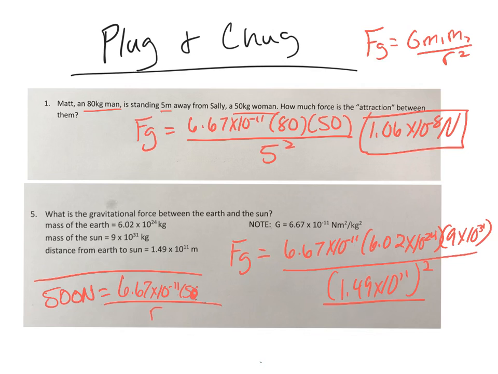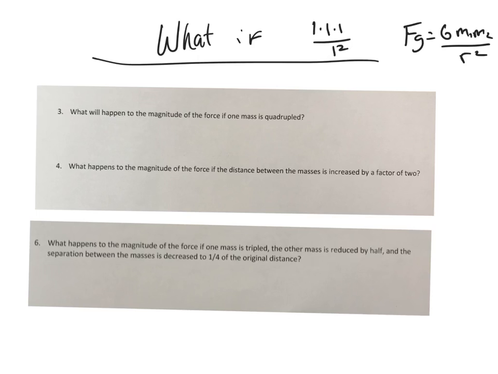You could just solve it. All you'd have to do is maneuver the r back over to the left side, bring the 500 over to the right side, and you could find what r was. All right, so that's an option. These are the plug and chugs. You're just plugging in numbers and then moving on.